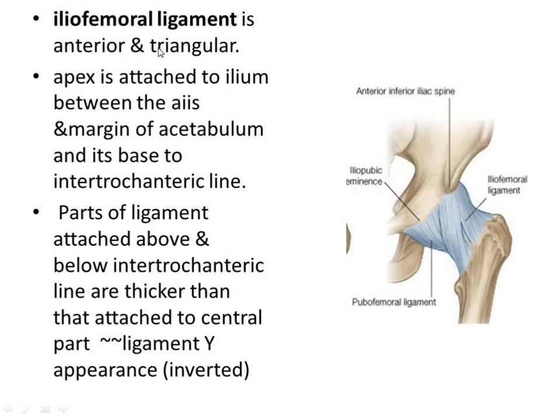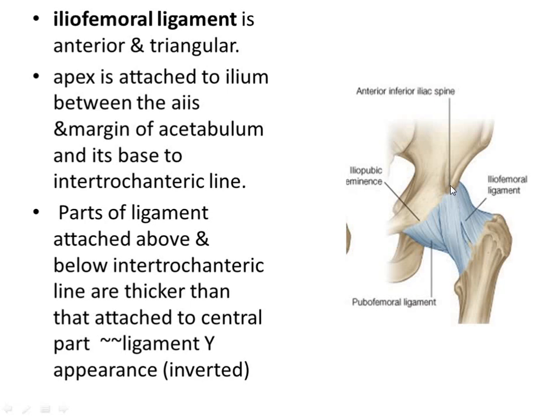It's triangular in shape. The apex of this iliofemoral ligament is attached to the anterior inferior iliac spine. This is the anterior superior iliac spine, and this is the anterior inferior iliac spine.